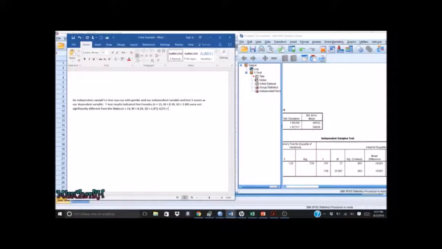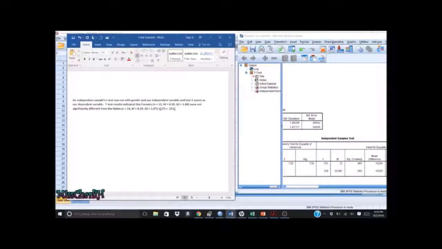I'm going to put my actual t-score, which I'm going to find right here, this 0.151. And we do not do a leading 0 on our t-score or our p-value. They are numbers that should not be over 1. When the number exists between 0 and 1, you do not use a leading 0.